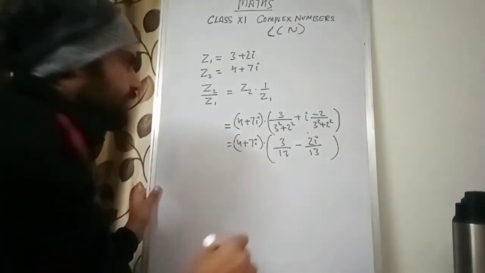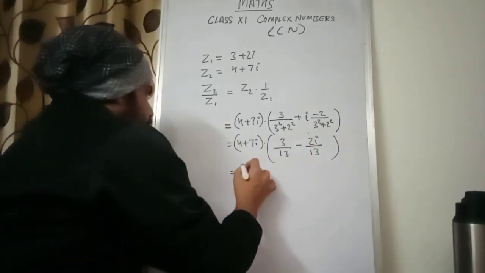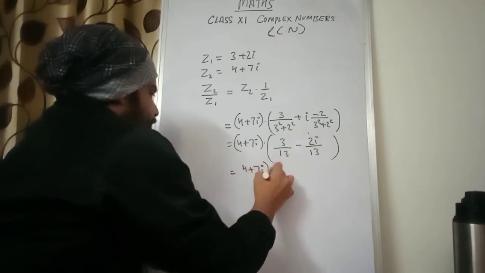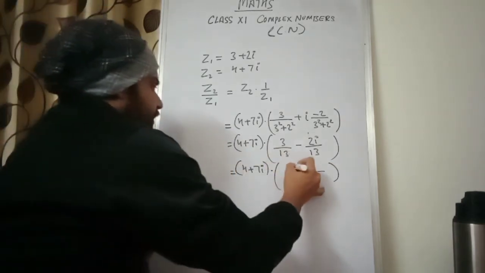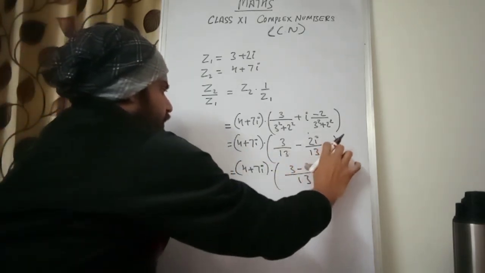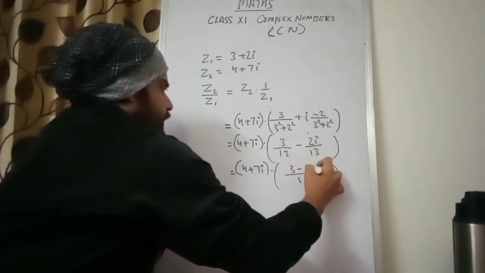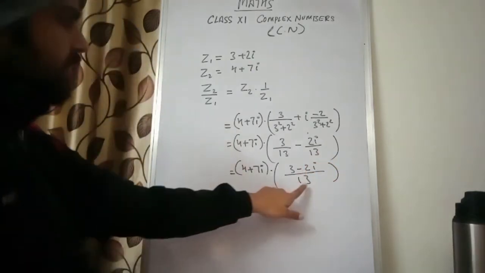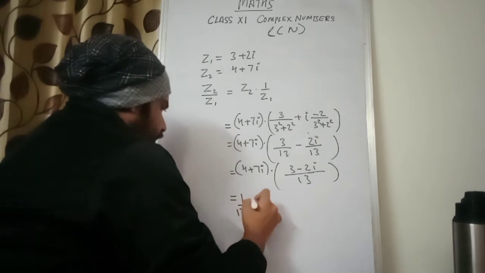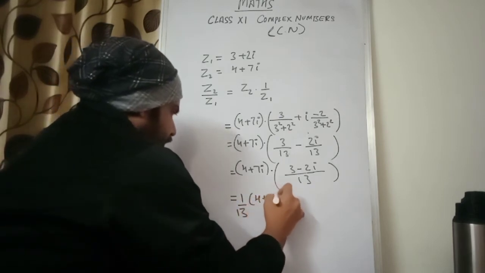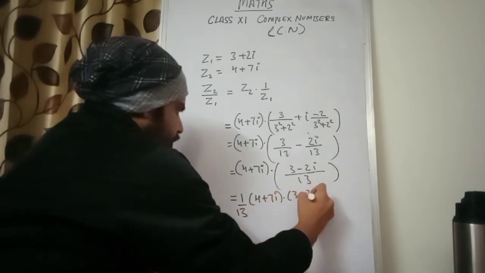Okay, similar. So it will be 4 plus 7i. So I'll take the LCM here. It will be, can we write, 3 minus 2i. Now here 13 I can take outside, so it will become like this, 1 by 13, and we have 4 plus 7i into 3 minus 2i.